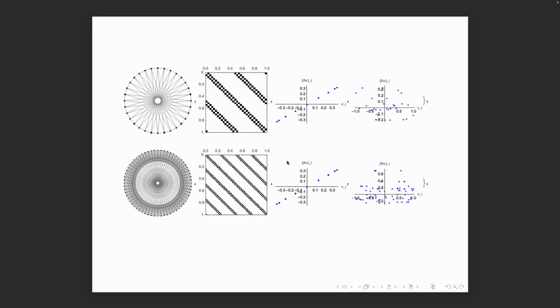There will be a vector in a higher dimensional space such that when you multiply that vector by the adjacency matrix of the higher dimensional graph, you get the same distribution on R2.